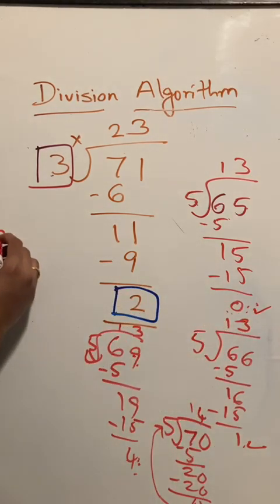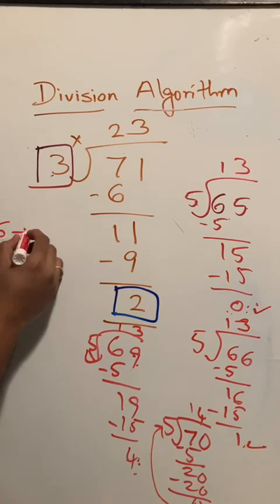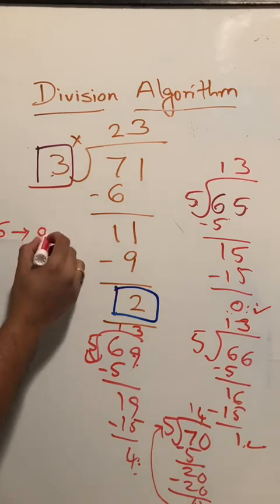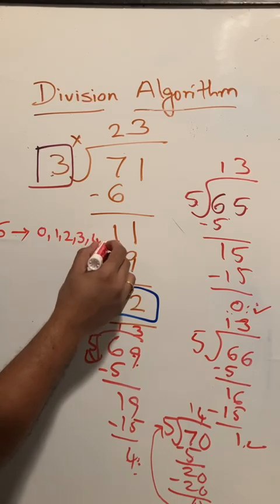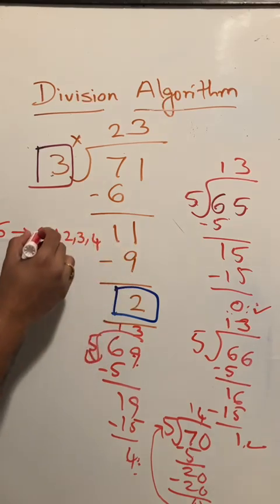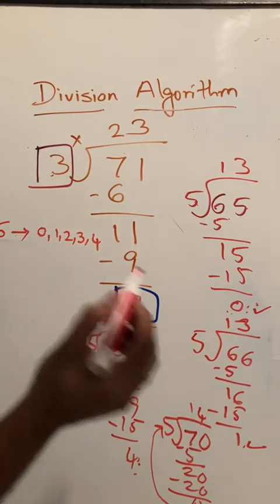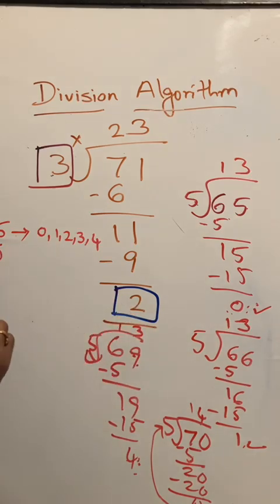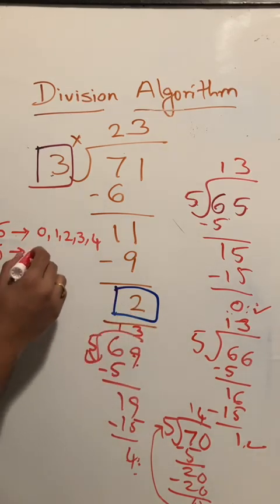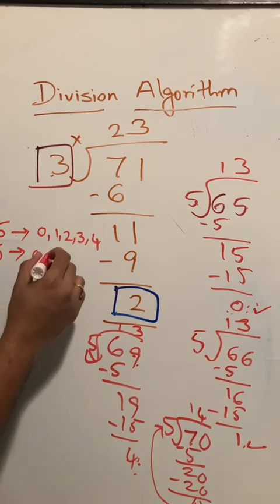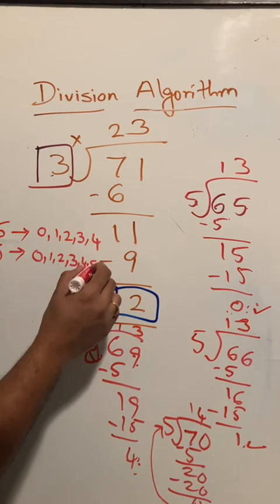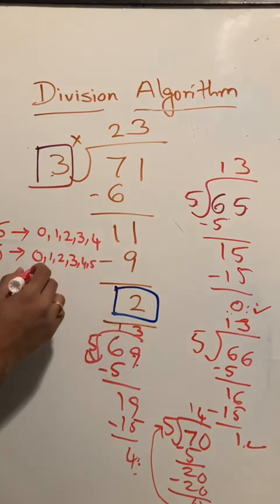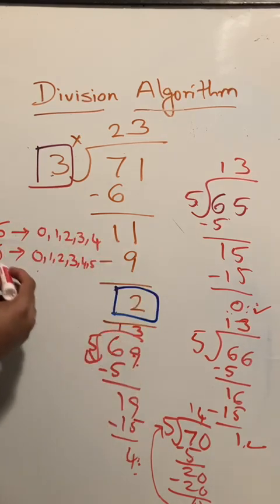So when we divide with 5, what are the remainders we got? 0, 1, 2, 3, 4. It won't go further. It will come back to 0. For the same example, if you divide something with 6, you may get 0 as remainder, 1, 2, 3, 4, 5. You won't get 6. It comes back to 0. So that's the thing: the remainder will always be less than this one.